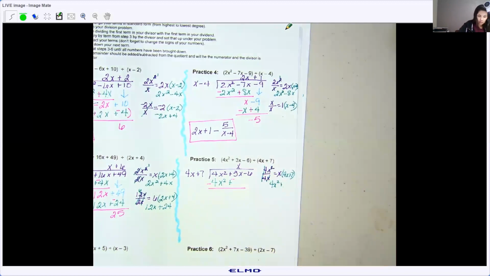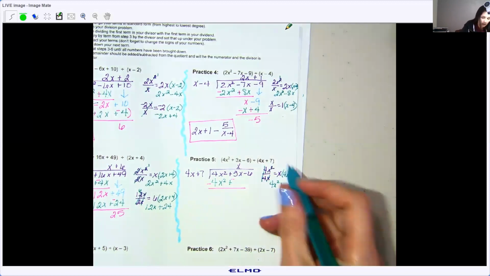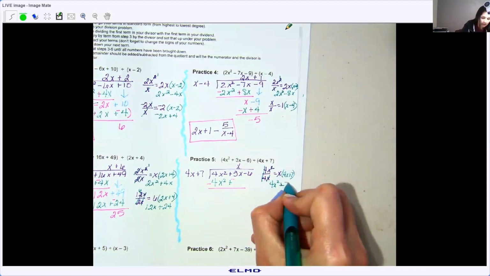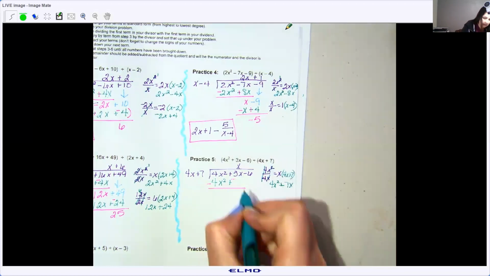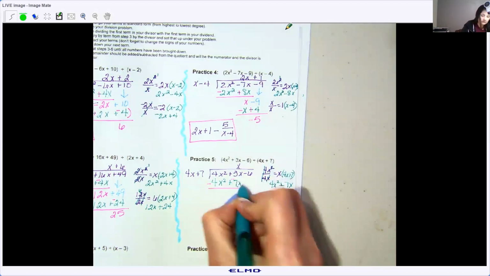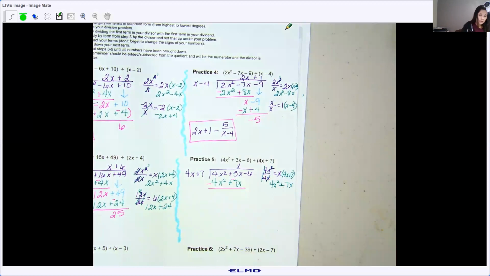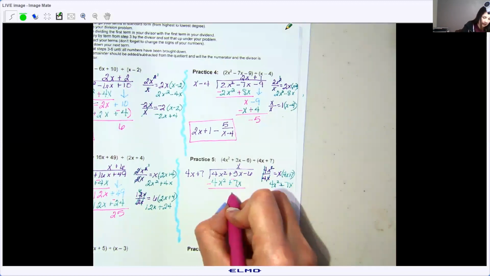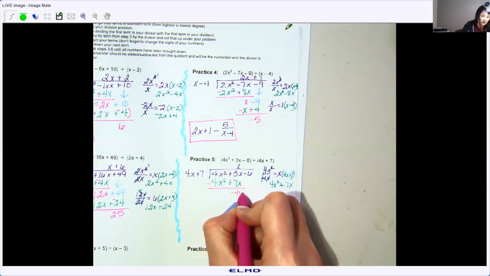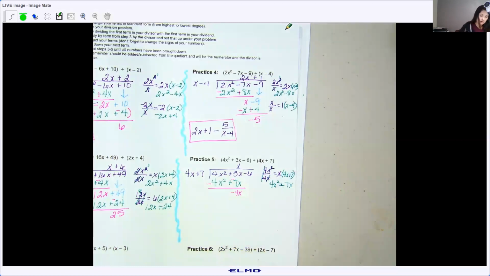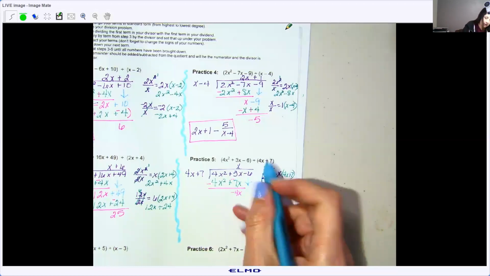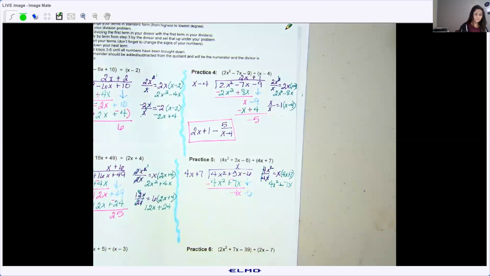I knew I did something wrong. That did not look right. Okay, so x times 7 is 7x. So this is a 7x. 3x minus 7x is a negative 4x. All right, that looks better. And then I bring down my negative 6.